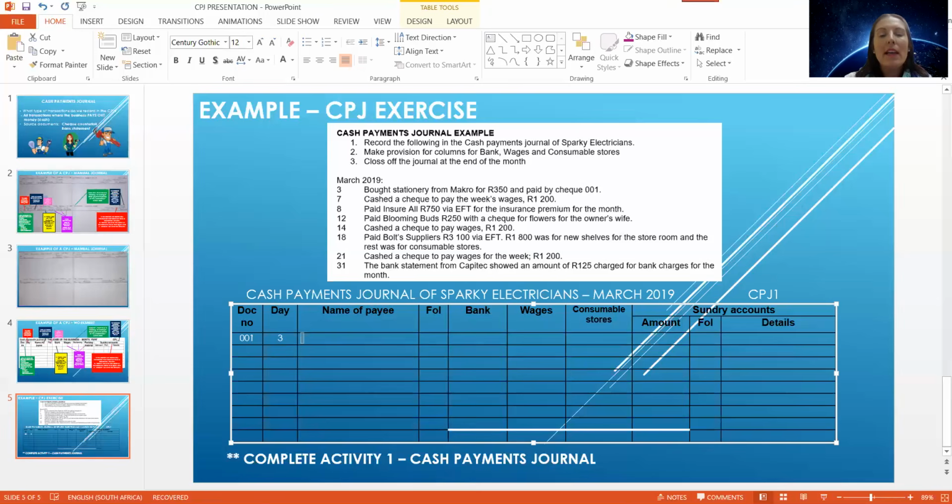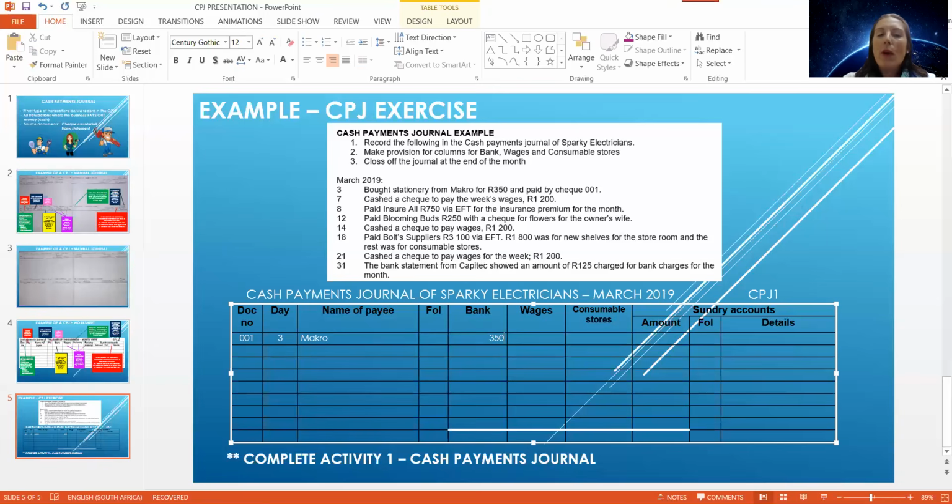Now, name of payee, from whom did we buy? We bought from Macro. So the name of payee will be Macro. We leave out the folio column. What was the amount that we paid Macro? 350 Rand. That money is coming out of our bank account. Good. You put it in the bank column.